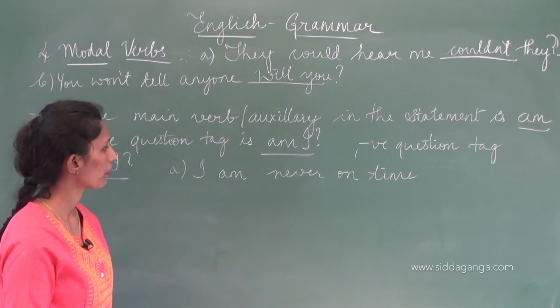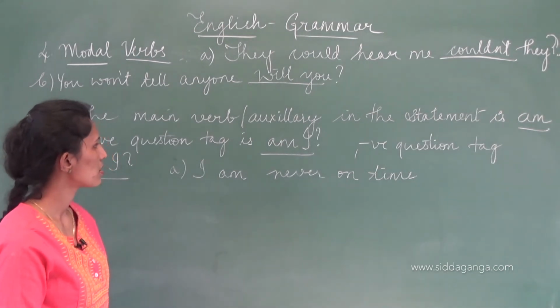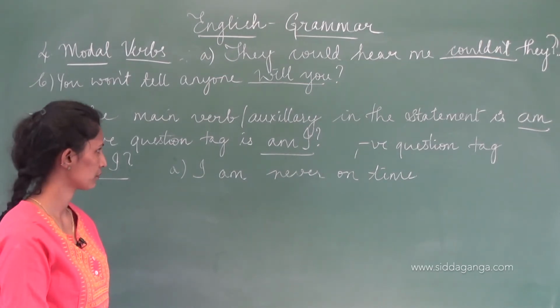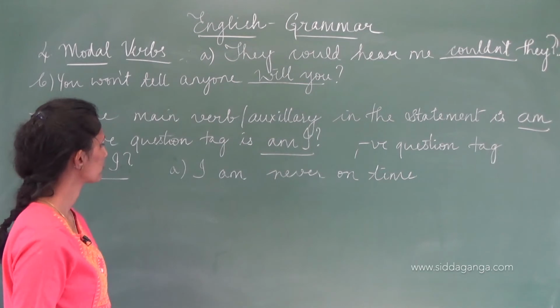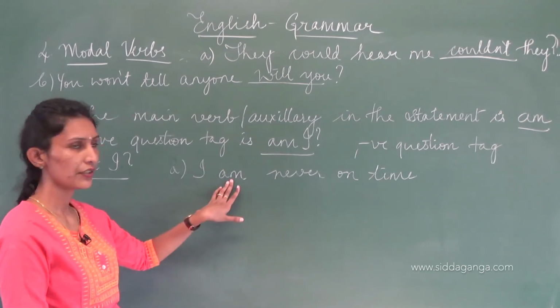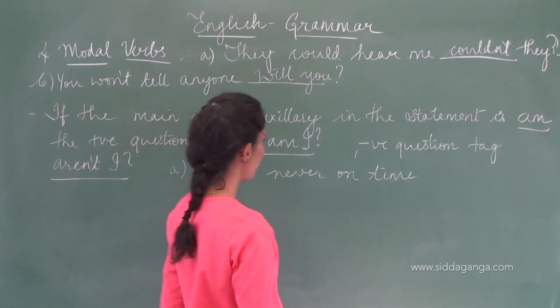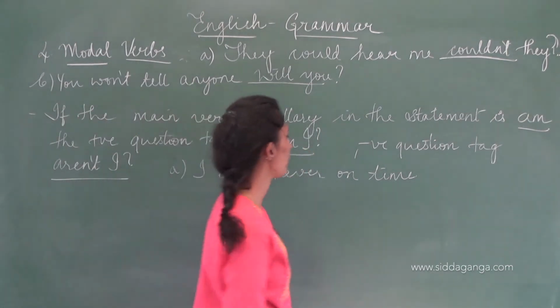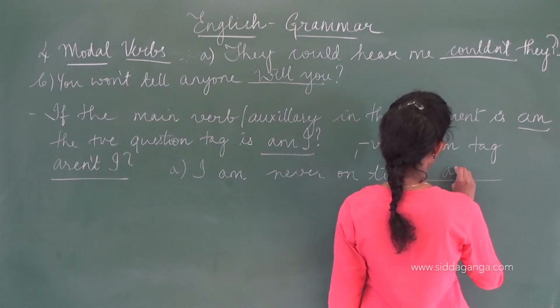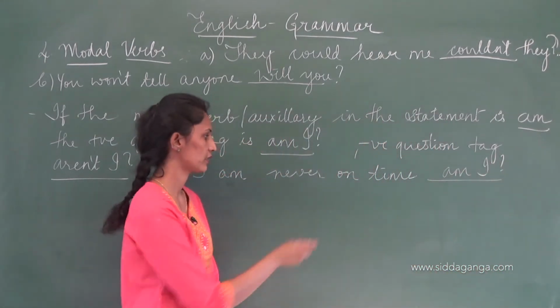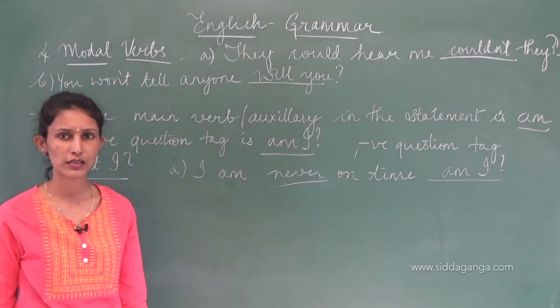All right. Can you see the verb here, the main verb am, okay? So, I am never on time, am I? Why am I? Sentence is negative. I'm never on time.